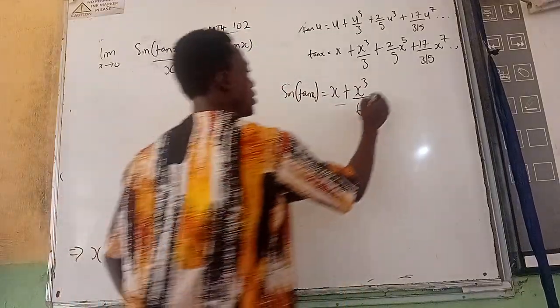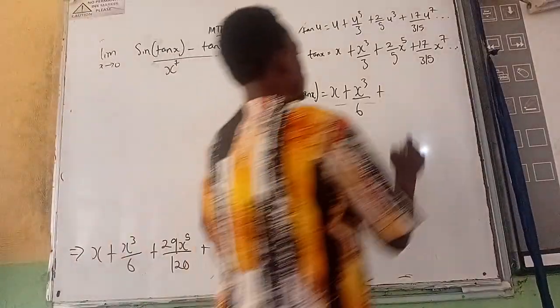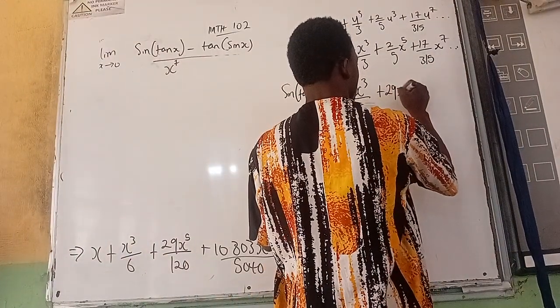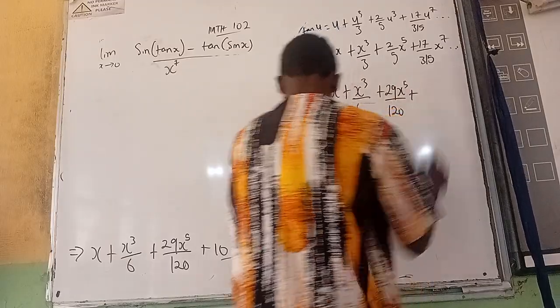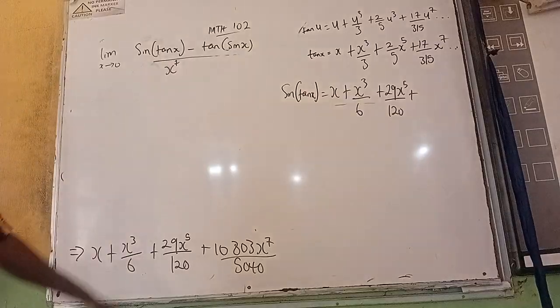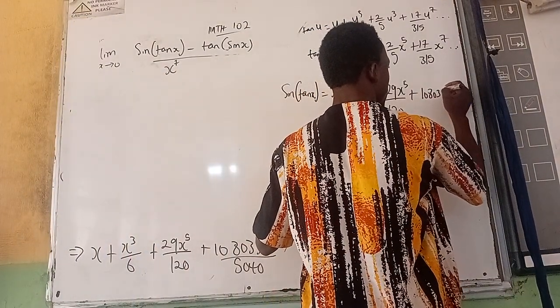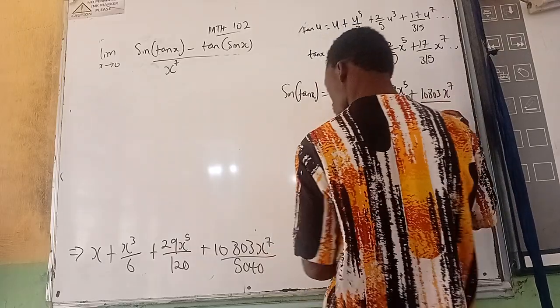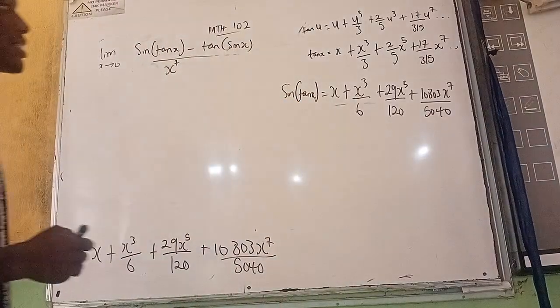So sin(tan x) equals x over 6 plus 29x^5 over 120 plus 10,803x^7 over 5040. So that's our sin(tan x).